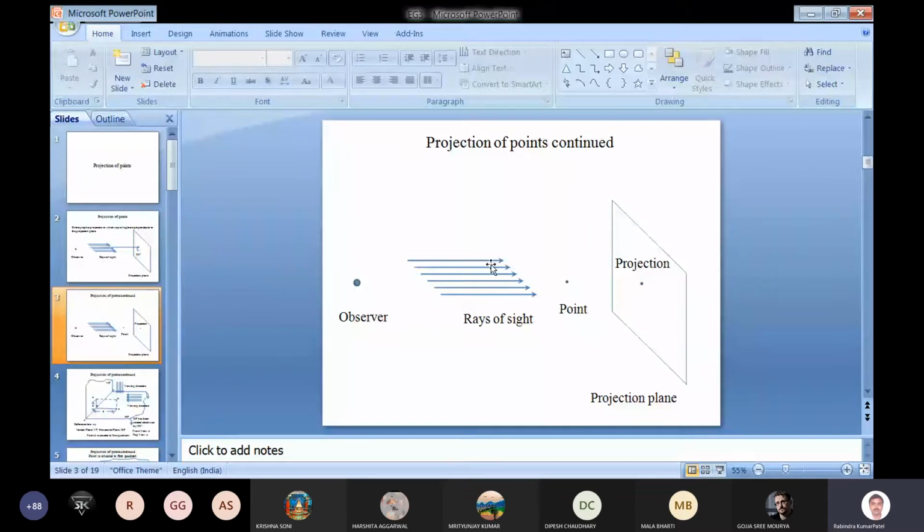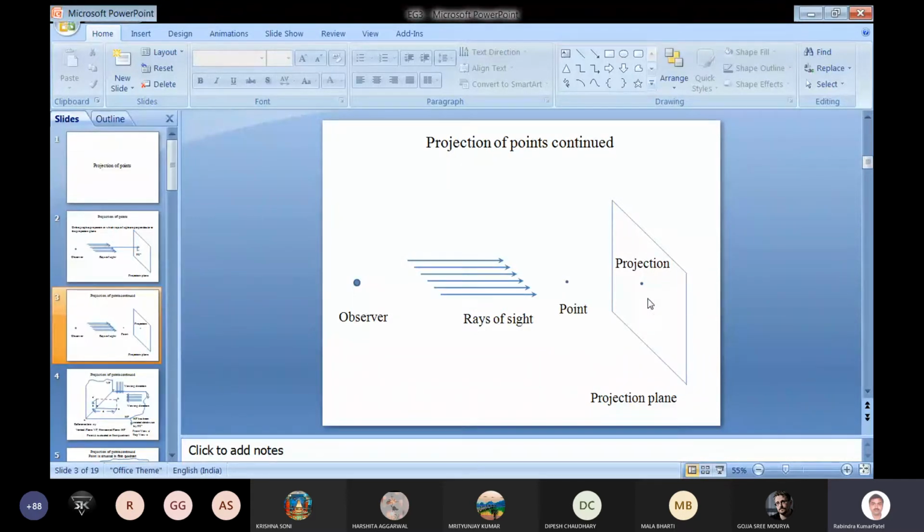When the observer views this point, the observer can see its projection onto this projection plane as a point here. So this is just an introduction to the projection of a point.